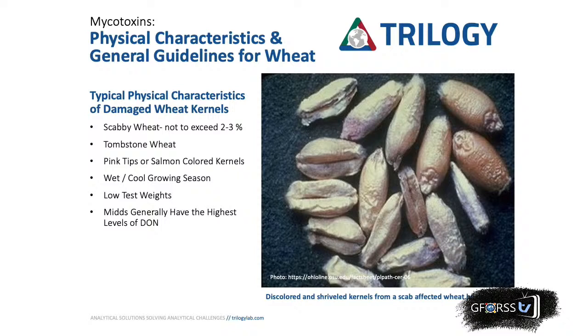Also, low test weights per bushel are also an indicator that molds may have been present. Remember, those molds had to have a food source, and those come from the kernels. If the growing season where the wheat originated was cool and wet, this is yet another indicator that the toxins could be problematic. And remember, if the point of purchase brings in wheat mids, those are always suspected as having the highest toxin concentration.